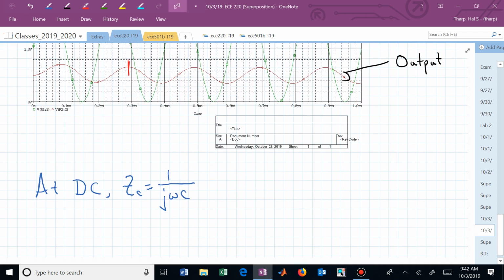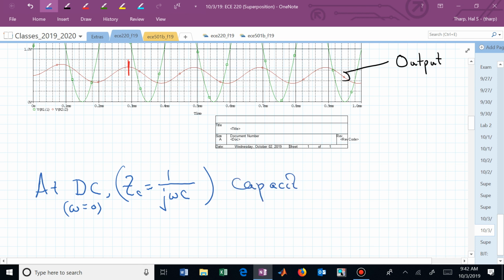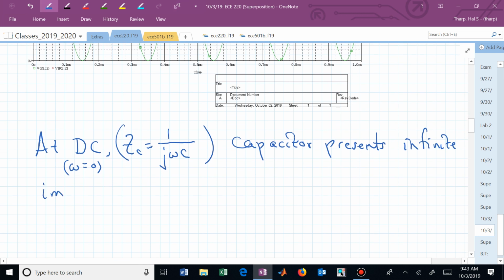So at DC, the capacitor's impedance is always given as 1 over j omega C, but at DC, when omega is equal to 0, then the capacitor presents infinite impedance. And because of that, it is an open circuit.